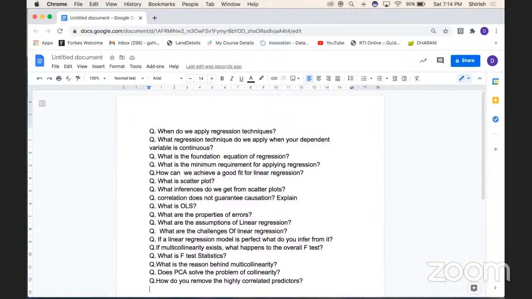How do you remove the highly correlated predictors? So you check your variance inflation factor, VIF. And then secondarily, you go for AV plots. And then you take a call on what to do with those two predictors. Right?